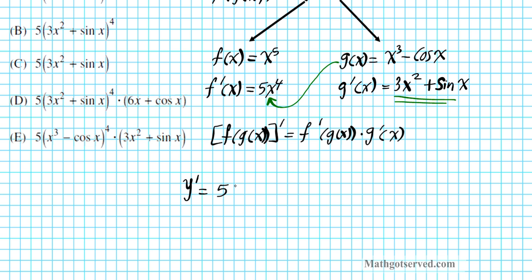So we have 5 times the quantity x to the third minus cosine x raised to the fourth power, times g prime of x, which is 3x squared plus sine x. And there goes your derivative. Answer is option letter E.